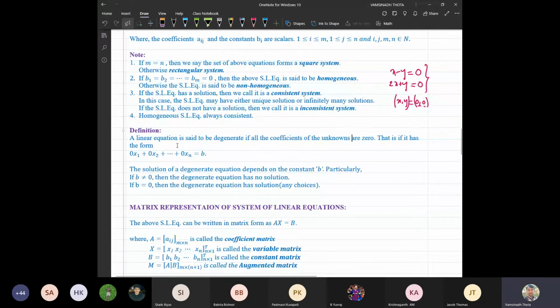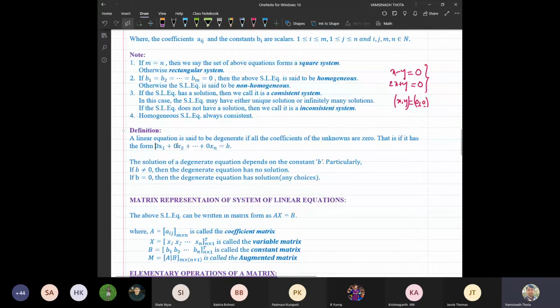Generally it is of the form 0 times x1 plus 0 times x2 plus 0 times x3 and so on up to xn is equal to b. We are not expecting the constant to become 0. b can be anything. It can be 0 or it can be non-zero.